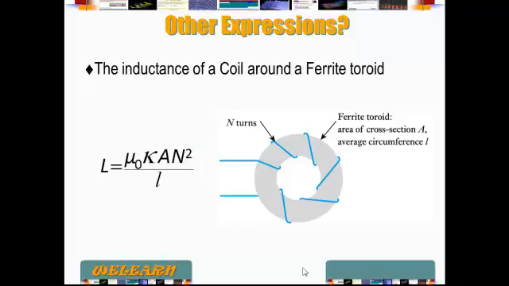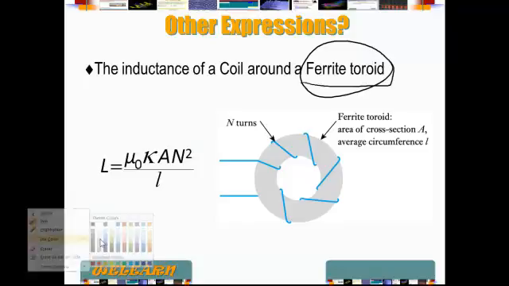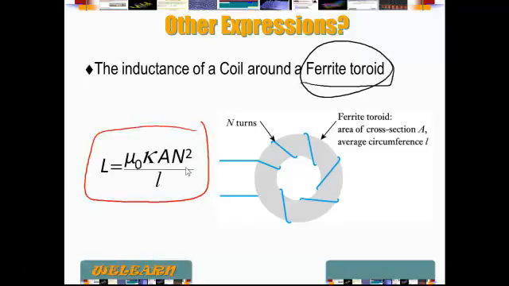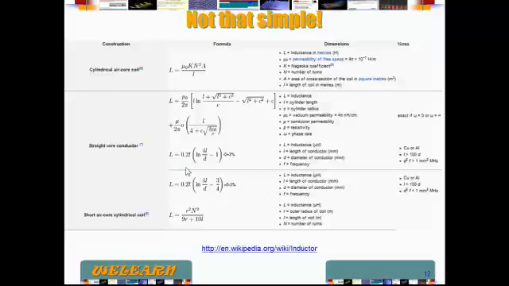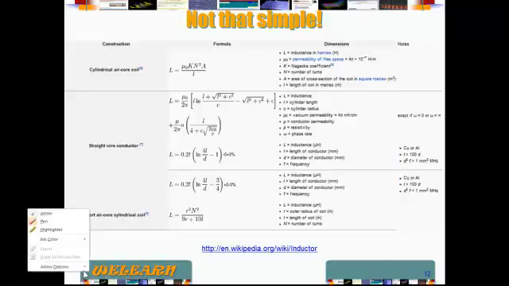Of course, if the shape is going to be a little different, something like this, in this case, we have a ferrite toroid, that circular thing like that. So in this case, the expression is, as you see it here, mu 0 kappa A n squared over L. Now, like we just mentioned, the equations are going to depend on the shape of that particular inductor.